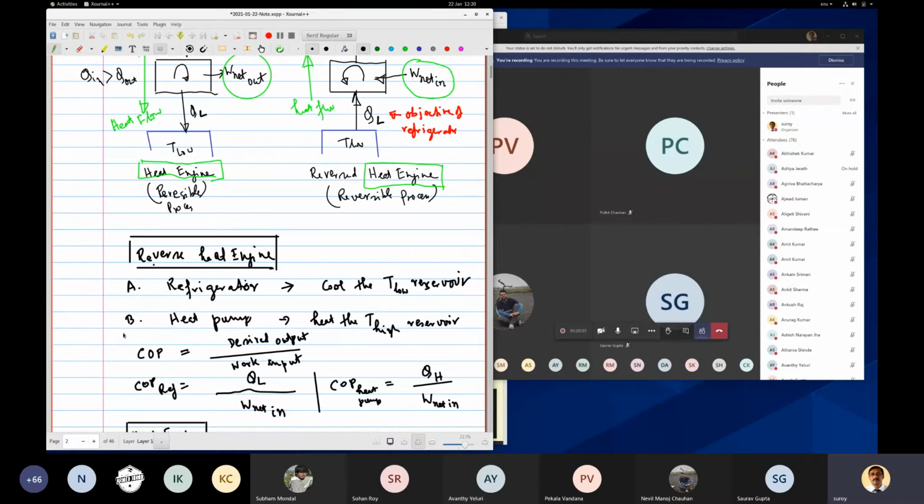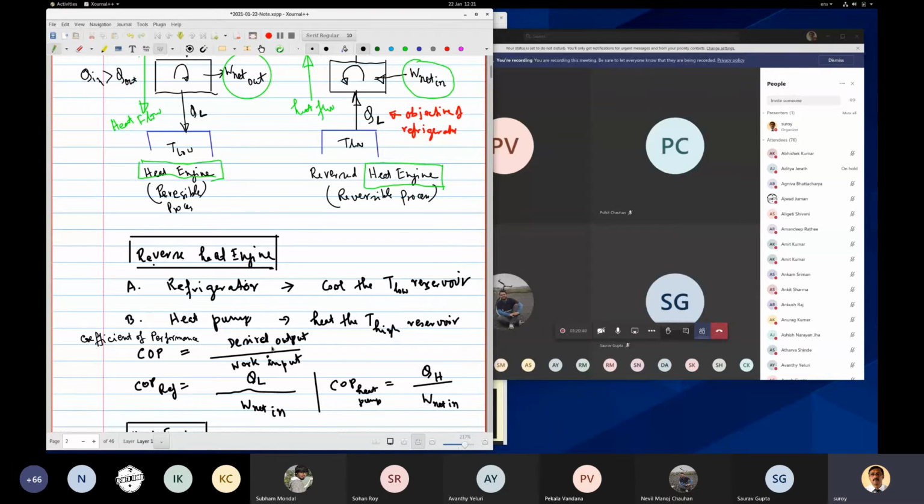That is called the coefficient of performance, COP. That is the desired output by work input.